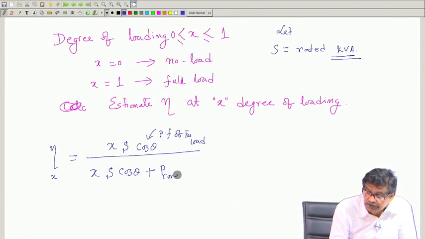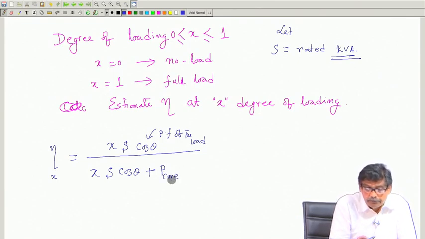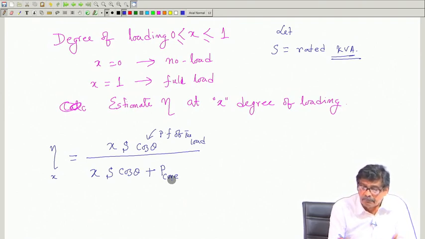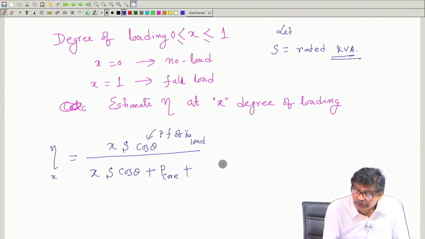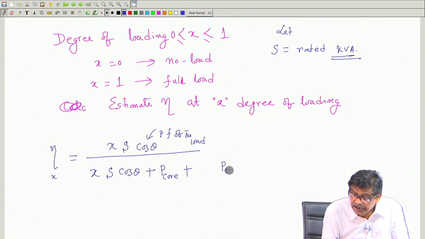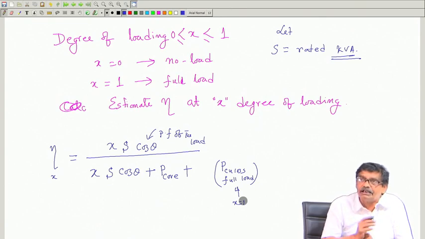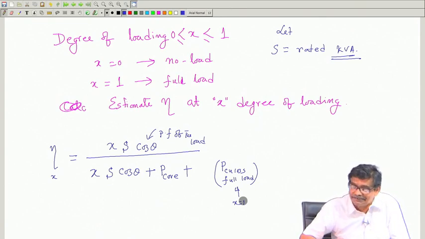Two losses are there. P core remains constant; it does not depend upon the degree of loading, no matter whether it is 50% loaded or 100% loaded, P core remains the same. Now, I know the copper loss at full load, P copper loss, which is at x equal to 1 when the transformer is carrying rated currents.